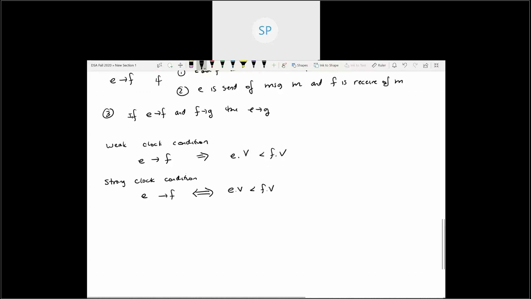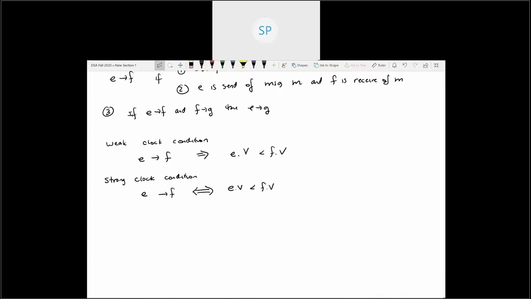And this is why we wanted vector timestamps. Just a brief review: if we had two vector timestamps, E and F, what it means for one to be less than the other is that you have two conditions: one is less than or equal to, component-wise, and it's not equal to.